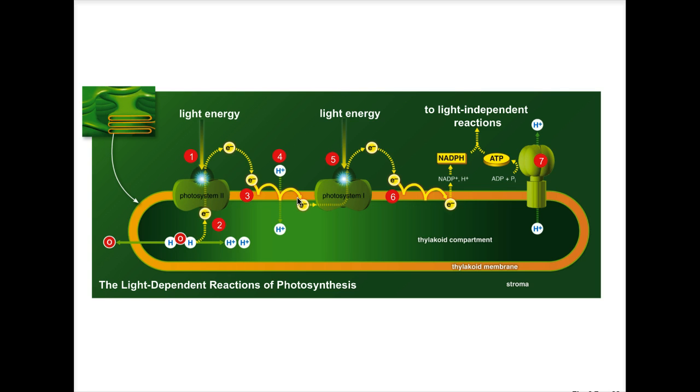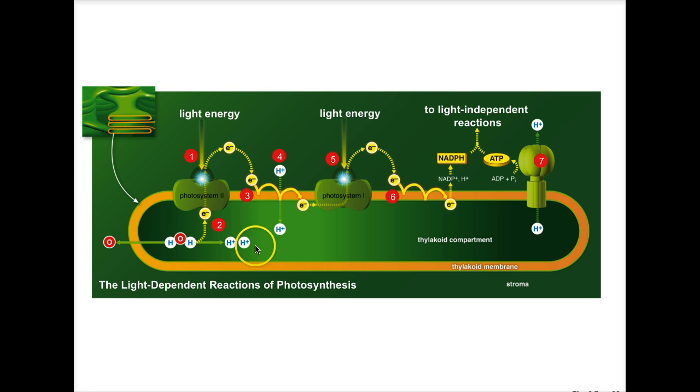So you're going to start forming a hydrogen ion gradient inside this very small thylakoid compartment. So notice we have some hydrogens that have been contributed from the splitting of water, and now we have hydrogens that have been contributed from step 4. And we'll see how important those hydrogen ions are in a minute.